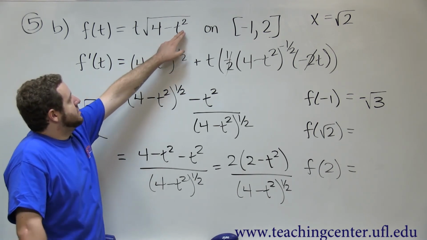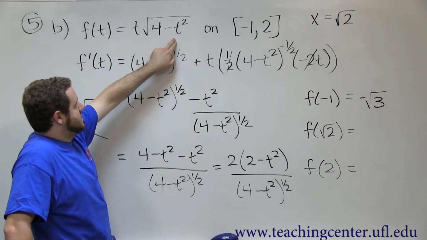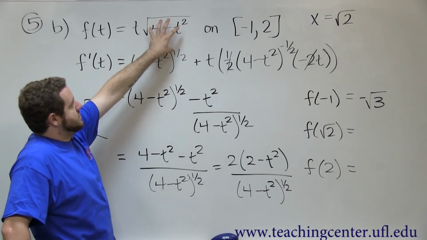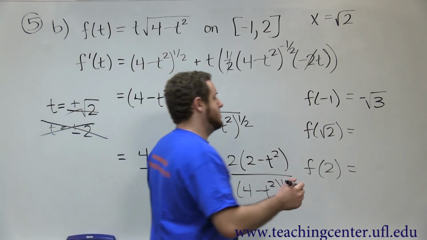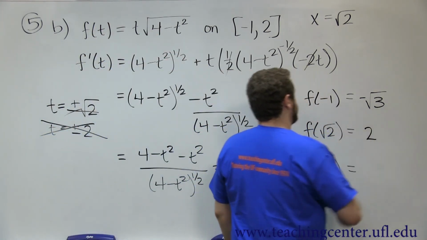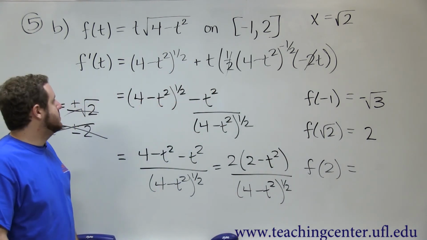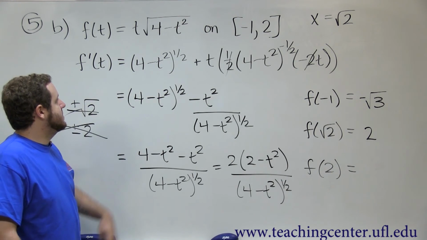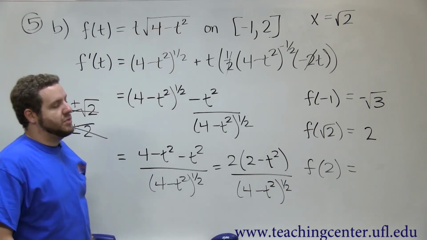So square root of 2 squared would be 2. 4 minus 2, meaning we have square root of 2, times square root of 2. Square root of 2 times square root of 2 is 2. And finally, we're plugging in 2. Well, if we plug in 2 for t, 2 squared is 4, and this part becomes 0, so the whole thing becomes 0.